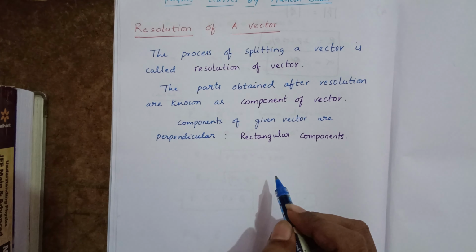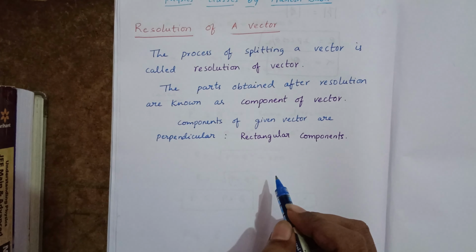Instead of this, if they give it like this, this is a vector A bar making theta with the y axis, not the x axis. Then the y component becomes A cos theta and the x component becomes A sin theta. Remember, the axis for which it is making the theta angle, that is the cos component. The opposite one is the sin component.